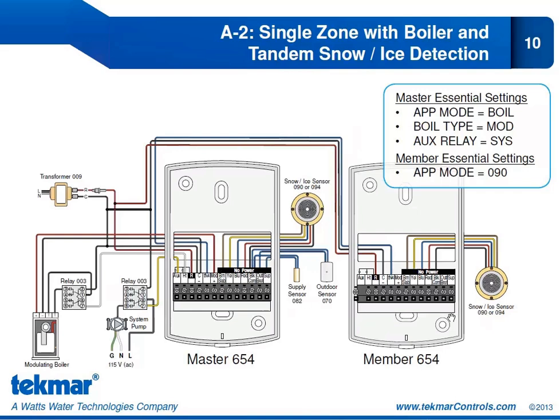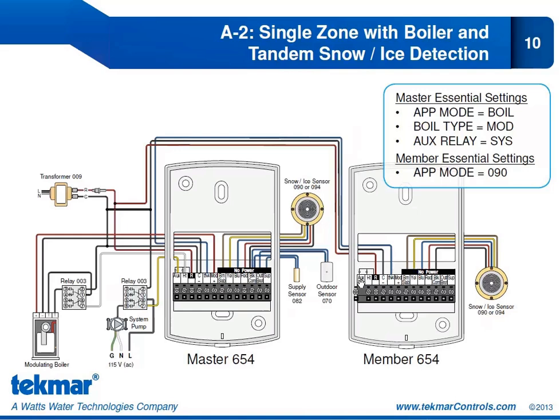You'll notice that we are not connecting anything else to the relays here. There's nothing connected to the heat relay, nothing connected to the auxiliary relay, because as soon as we select application mode 090 for the member 654, we lose the use of these relays.